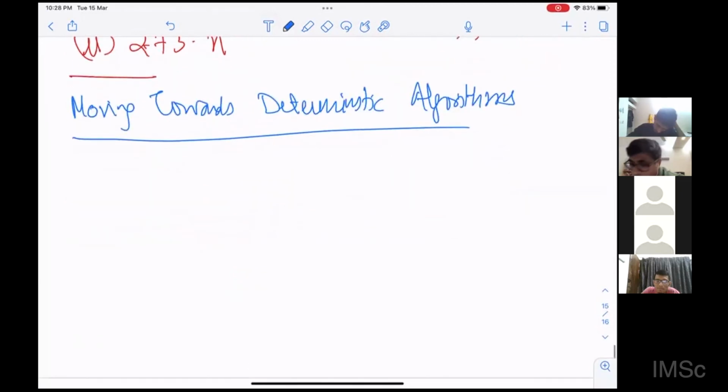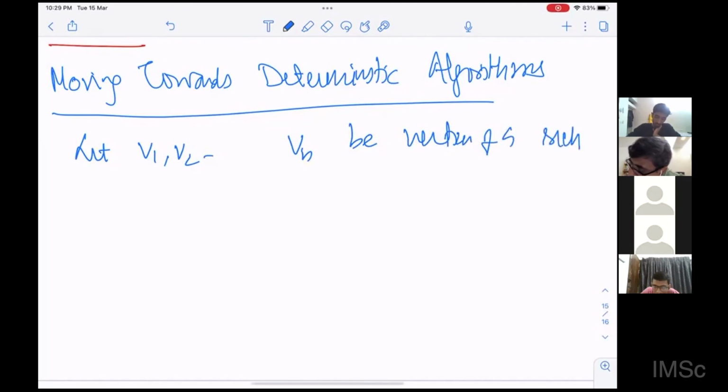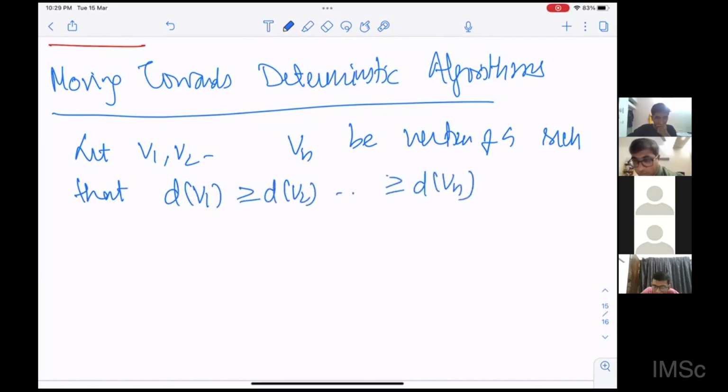Here was an observation which we tried today. Let v1, v2, dot dot dot, vn be vertices of G such that degree of v1 is greater than or equal to degree of v2, dot dot dot, degree of vn. This is a property.